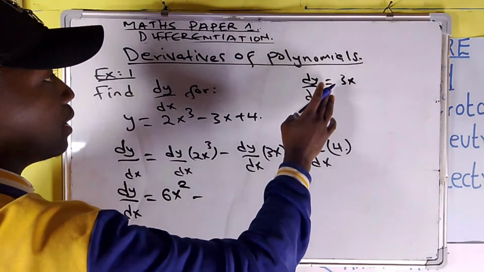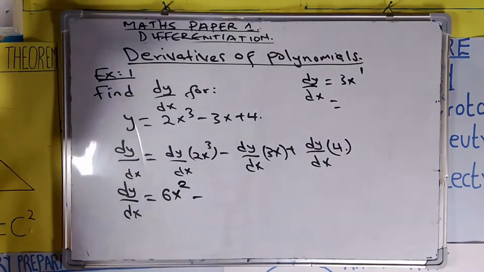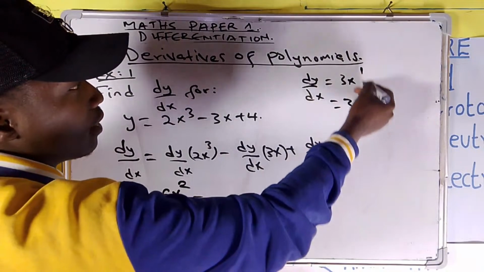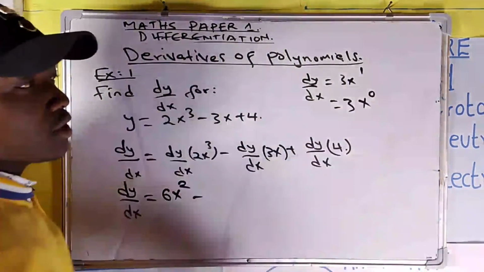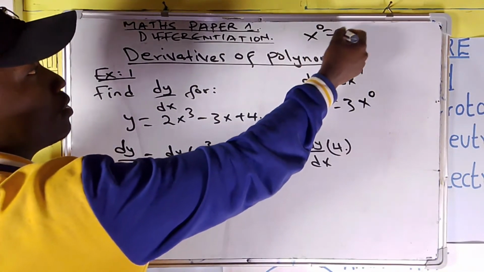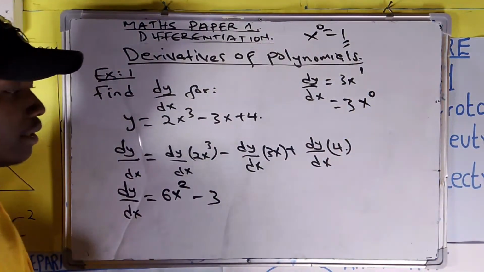For this one, x is to power 1. Don't forget that x is to power 1. 1 times 3 is 3, then x, 1 minus 1 is 0. And any number raised to power 0 is 1. We call it a zero index. So 1 times 3 is 3, so it will be minus 3.